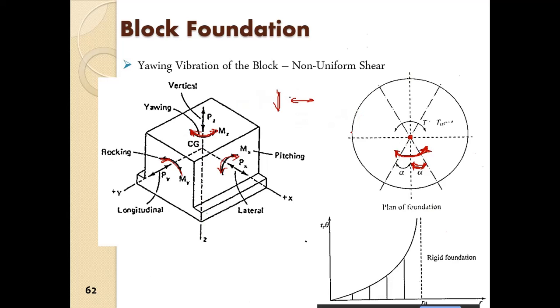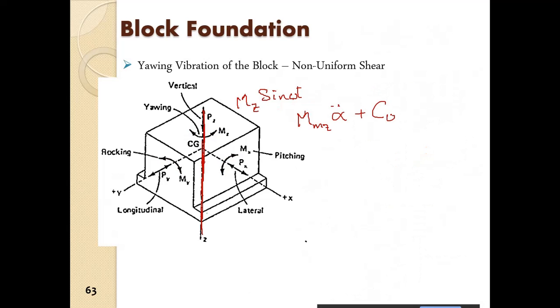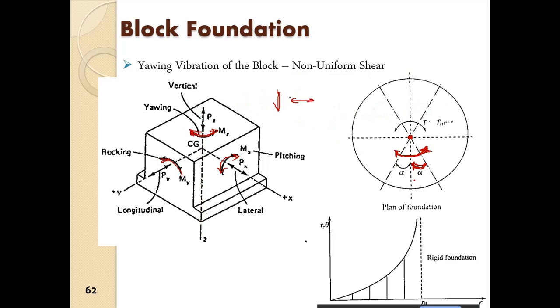In this case we had c phi I, now we will have c psi, that is the coefficient of elastic non-uniform shear. Then we have the polar moment of inertia about the z-axis, and the angle of displacement alpha.